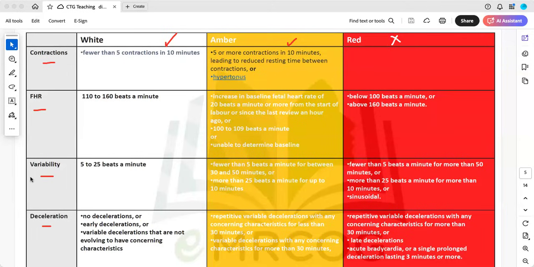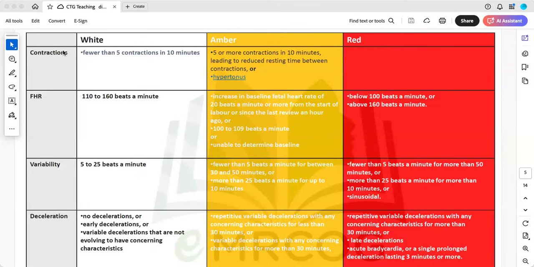It is very important that you know the difference between the feature description and the categorization of the CTG. What is the meaning of that? Contraction is a feature, right? If it is white, I will say I have normal contractions, correct? What is the comment on the CTG itself? I will say my CTG is a normal CTG, correct?